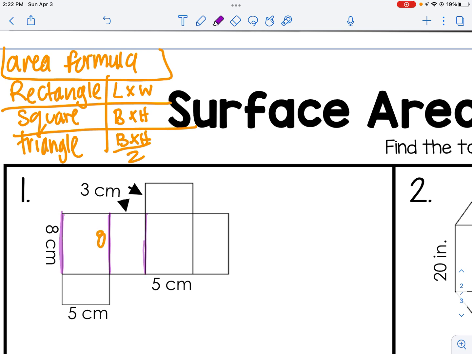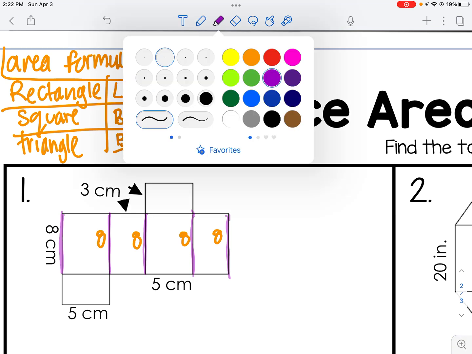Which means this one's also an 8. This one's an 8. And this one is an 8. Okay, now I have 5 centimeters.